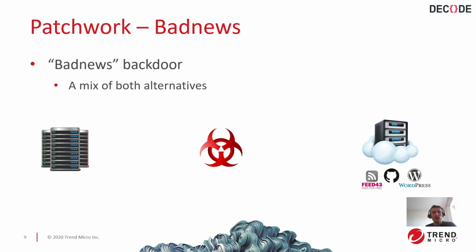The most interesting backdoor which was used by this Patchwork group is called BadNews. It uses a mix of both alternatives. We have malware which first sends a GET request to one of several cloud services, as you can see there: Feed43, GitHub, WordPress.